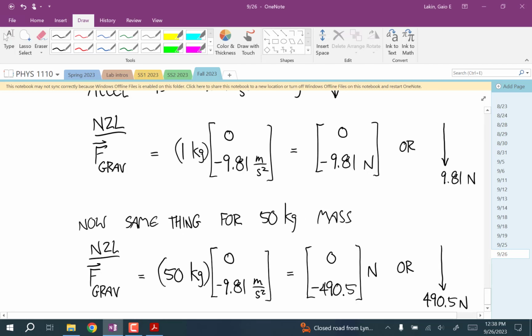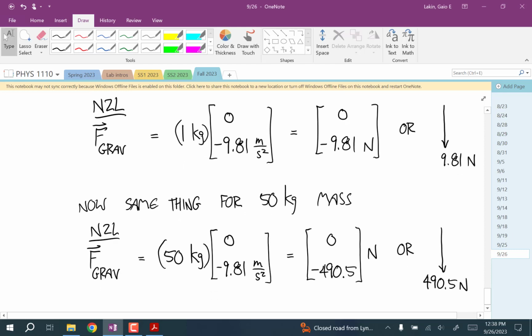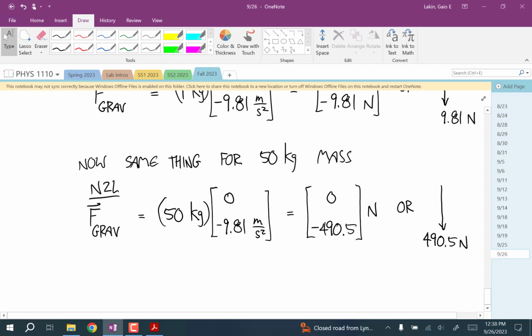So what we learned here is that gravity applies different forces to things with different masses, which probably isn't too much of a surprise. The more mass you have, the harder gravity pulls on you, even though your acceleration is the same. All things accelerate in free fall the same, but in order for that to happen, gravity has to apply bigger forces to bigger things.